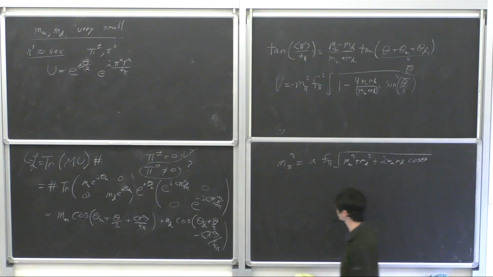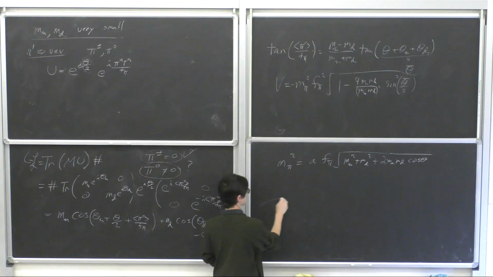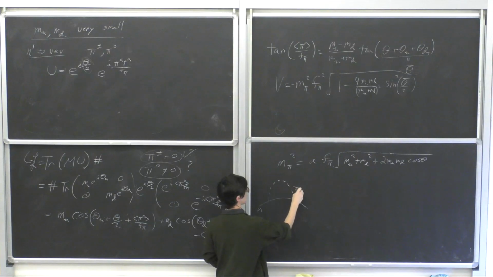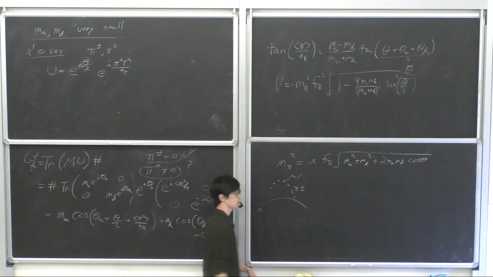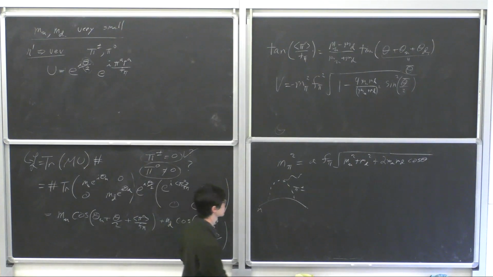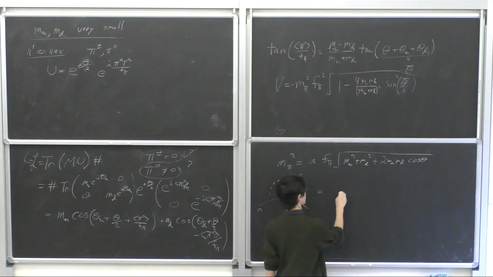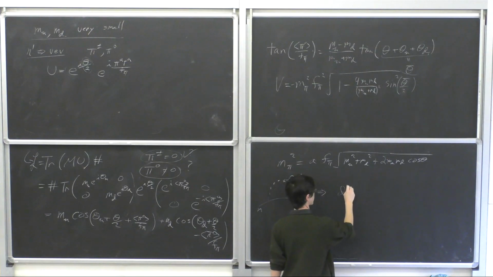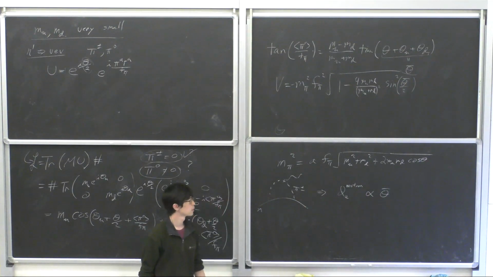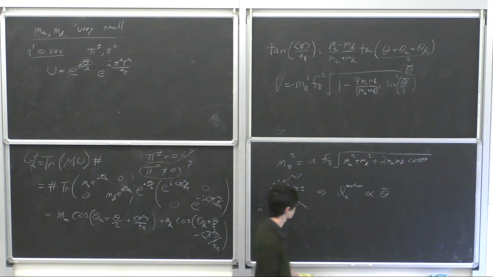You can even do a one loop calculation. If this is the neutron, pi plus minus, radiate off a photon. Go through, calculate this again, and you get the electric dipole moment of the neutron is proportional to theta bar. Probably sine theta bar.